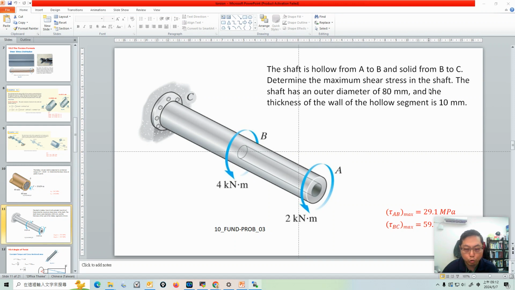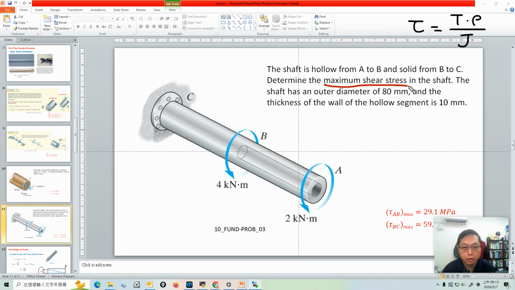For a torsional load member, the formula for shear stress is tau equals T rho over J. T is the torque, rho is the distance from the center, and J is the polar moment of inertia.